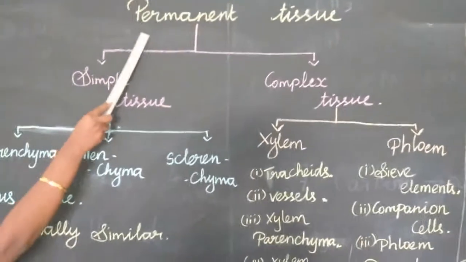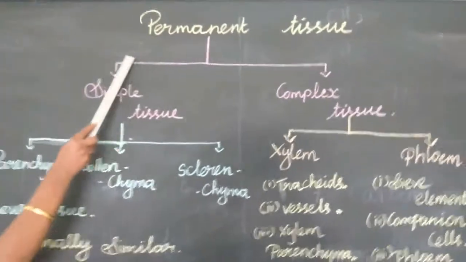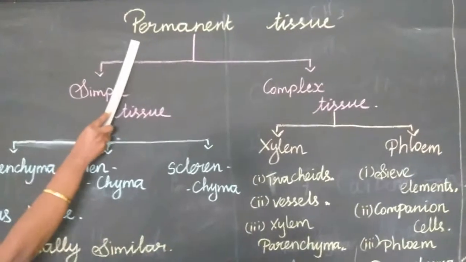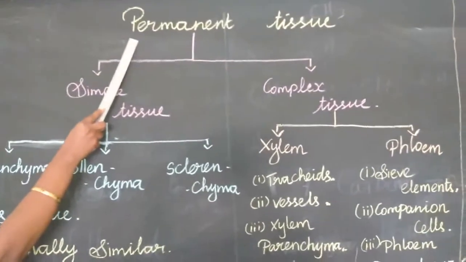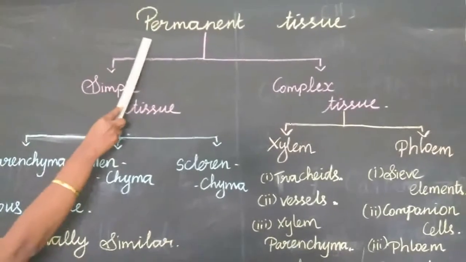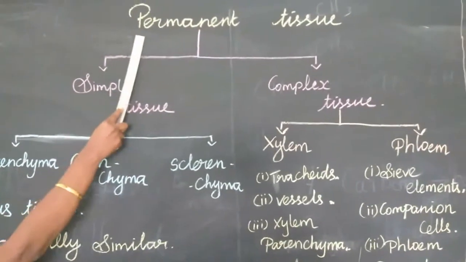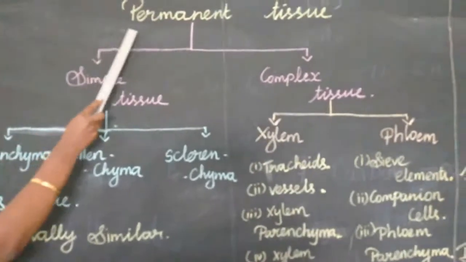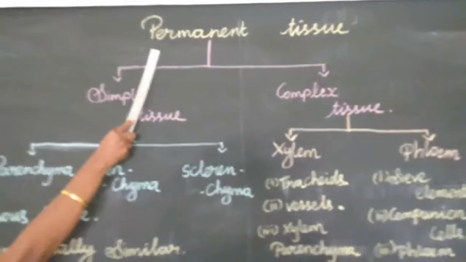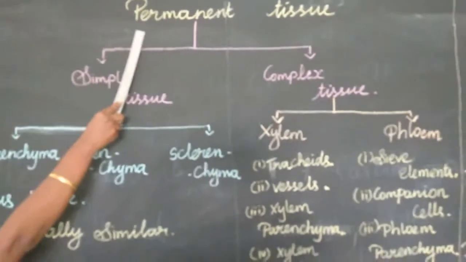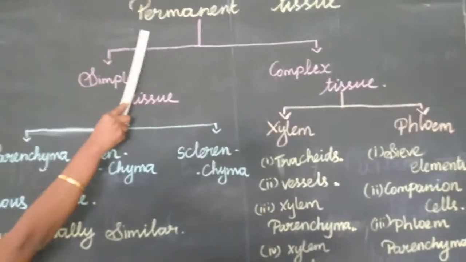What does permanent mean? Stable. The meristematic tissue, after some time or after maturation, is converted into permanent tissue.